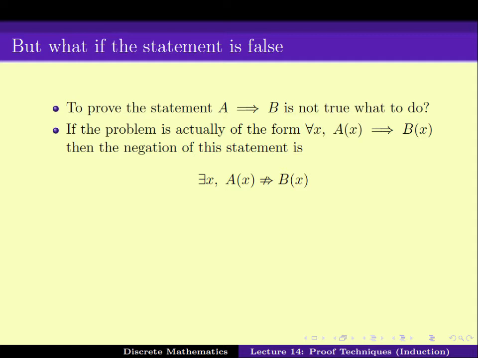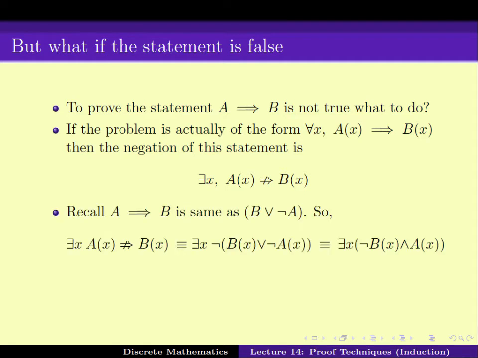Or in other words, we have to prove that there exists an x where Ax doesn't imply Bx. And by usual deductions, namely A implies B is same as B or not A, we can replace this 'there exists x, Ax not implies Bx' as 'there exists x, not Bx and Ax'.